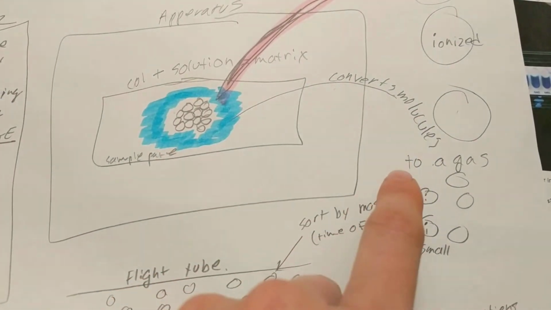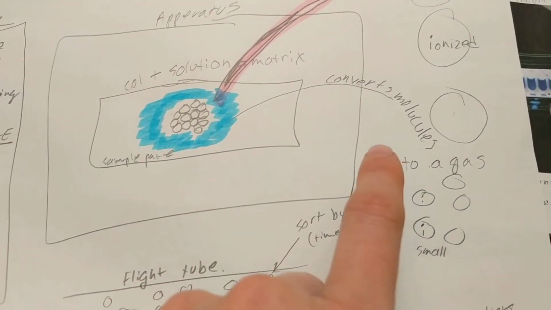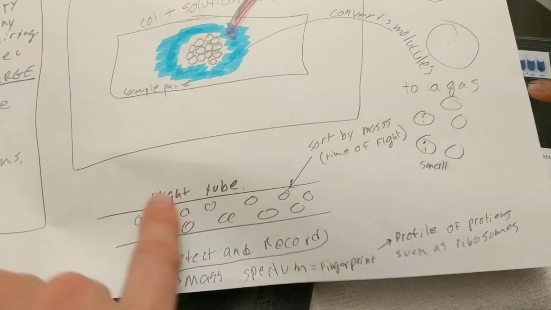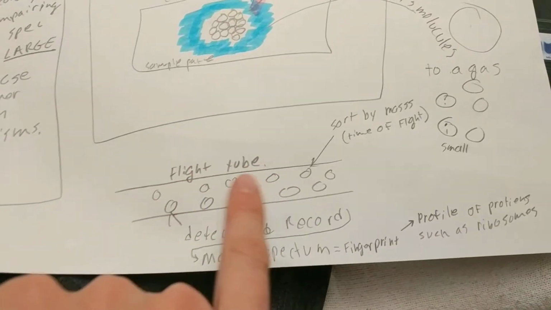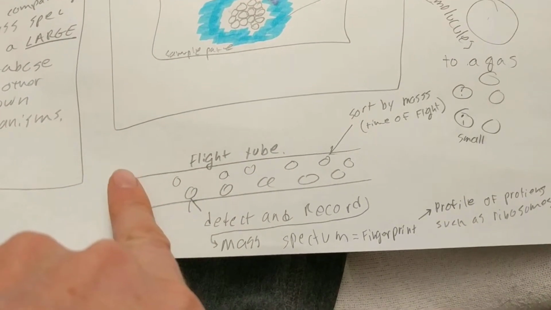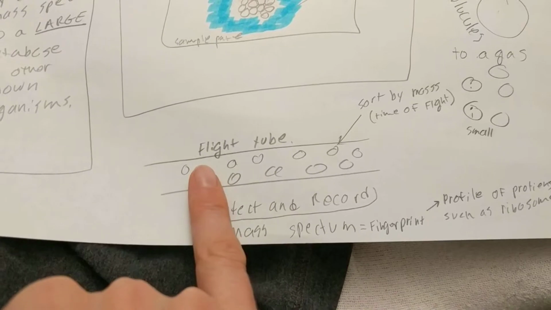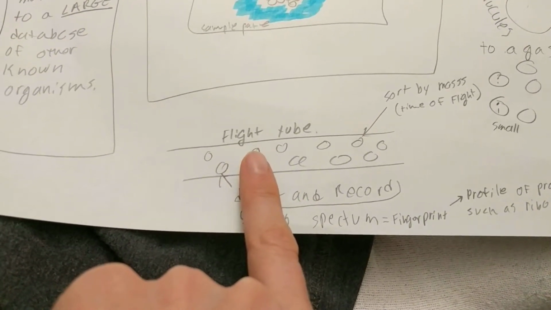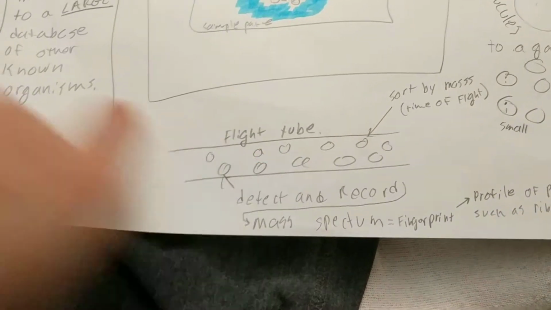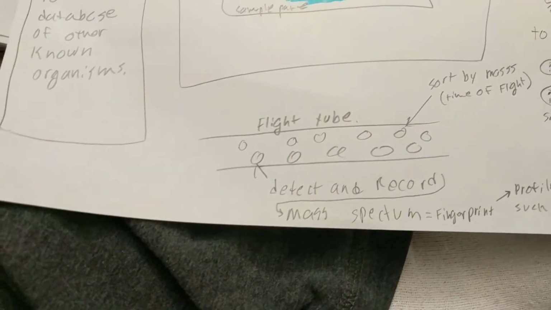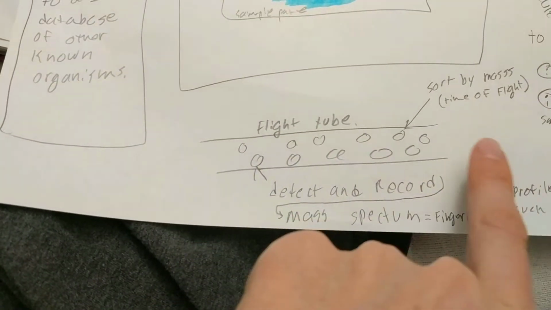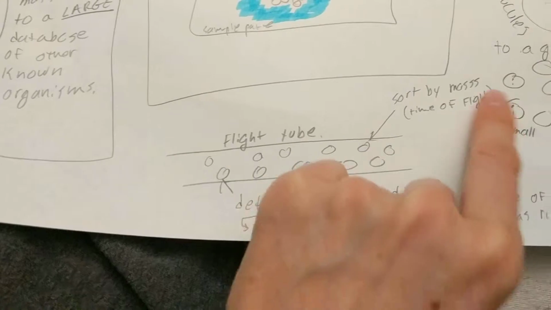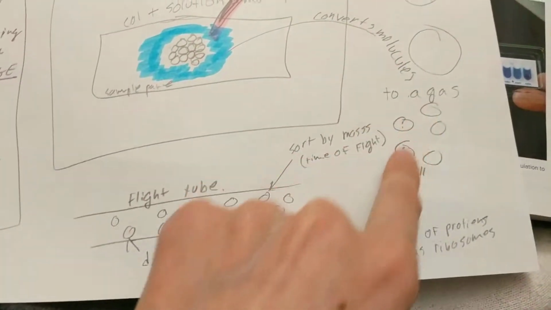Then the ions travel through a flight tube. So these ions travel through a flight tube. So here's my flight tube right here. It's traveling through that flight tube. And because small ions travel faster than the larger ones, that's why the small ions are first.